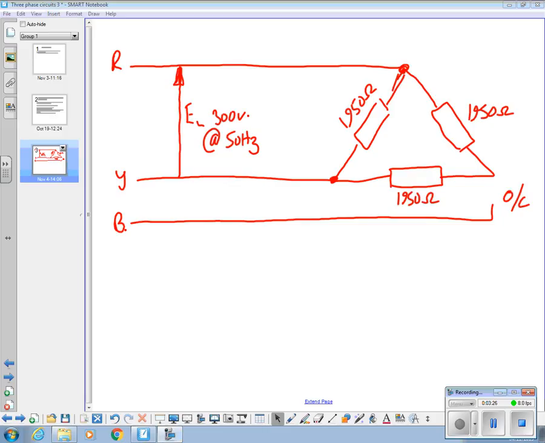How can we deal with this problem now? Is there another way that we could draw that more conventionally that would help to solve this problem? Because now we've only got a single phase system almost connected to a delta load. We've only got one lot of 300 volts here to deal with. No voltages out of phase with each other.